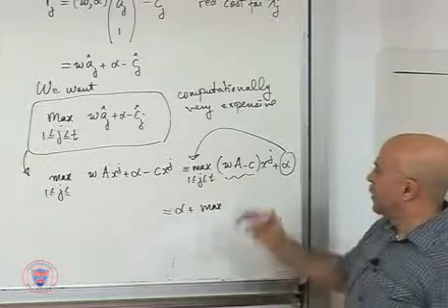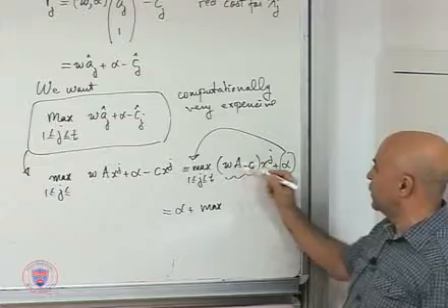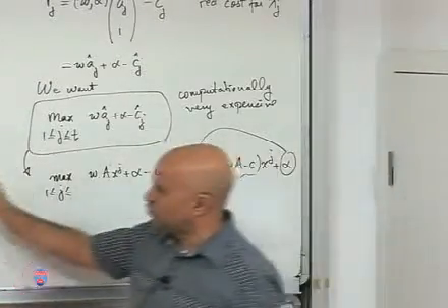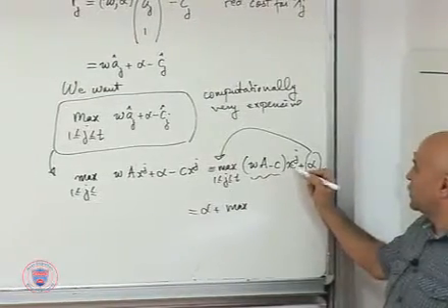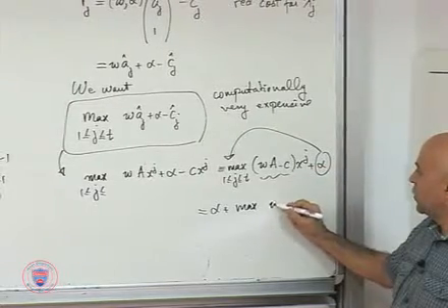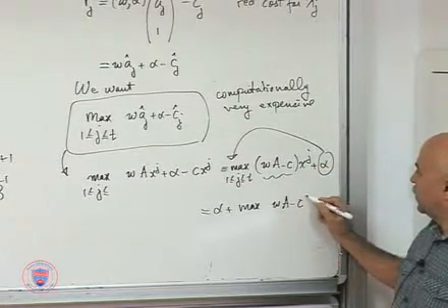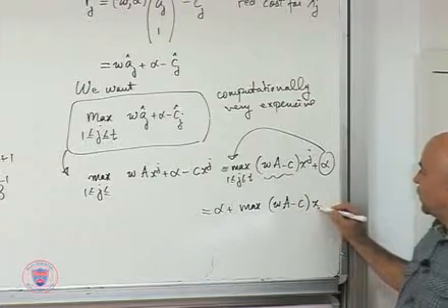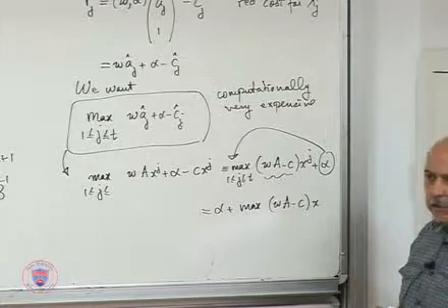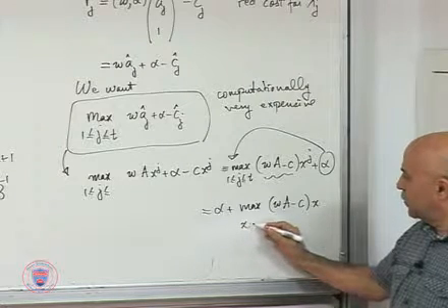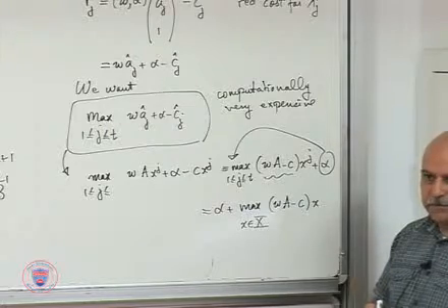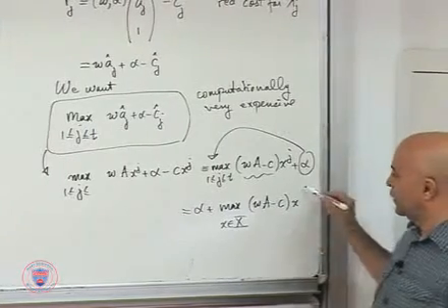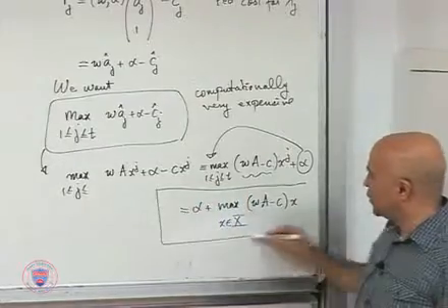But this is a computable thing, and you've got it on hand because W is already available from the current basis. This is just the cost vector times an extreme point, which means you're simply solving a linear program with unknown x, which will give you an extreme point of the set capital X. I think once you observe that, things become very easy.